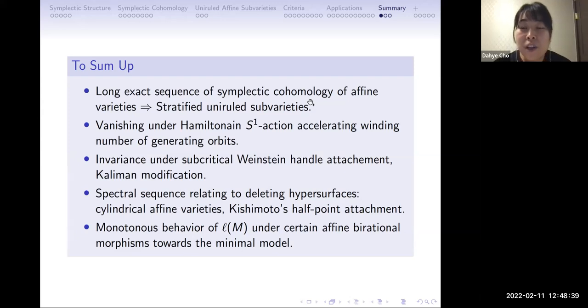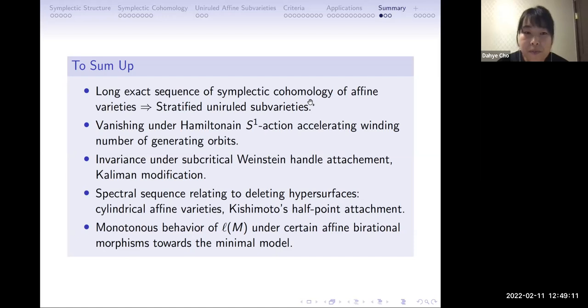A vanishing result under some Hamiltonian circle action accelerating the winding number of generating orbits gave us uniruledness, and an invariance result from subcritical handle attachment and Kalima modification gave us some uniruledness of varieties as well.